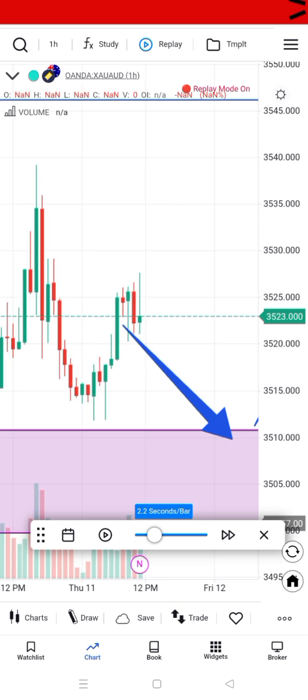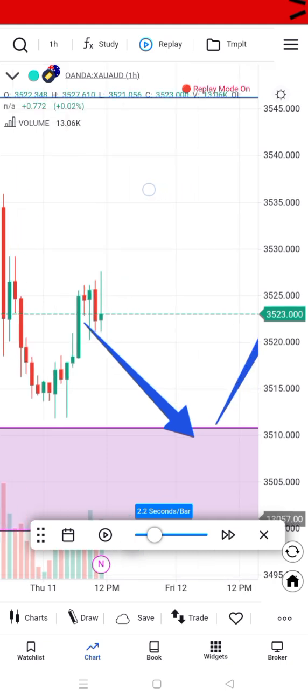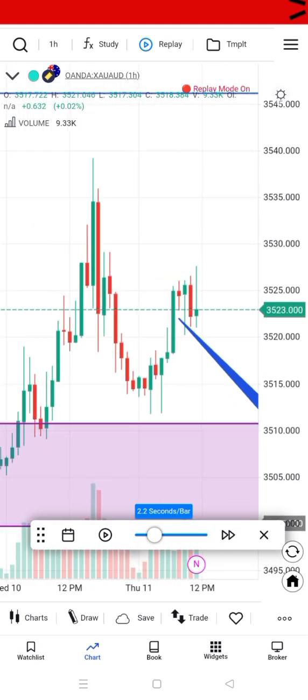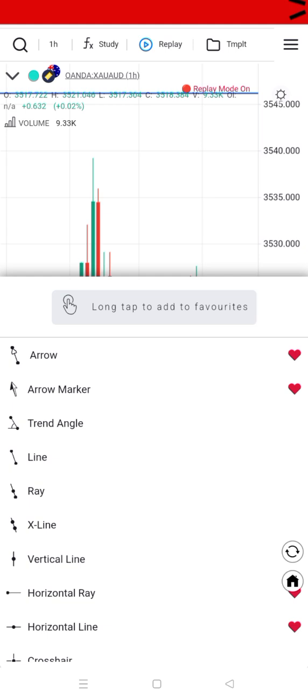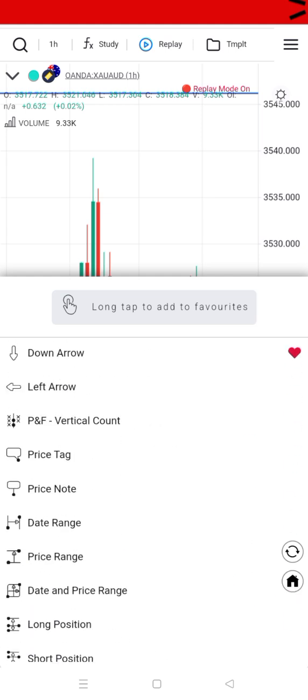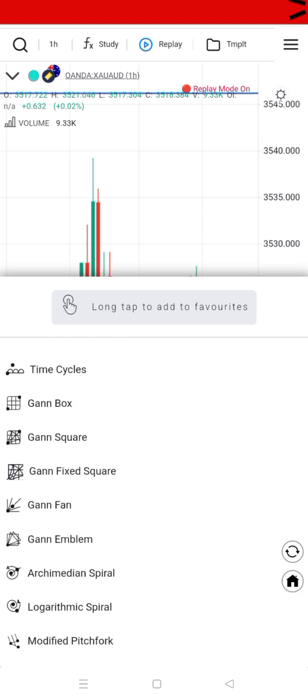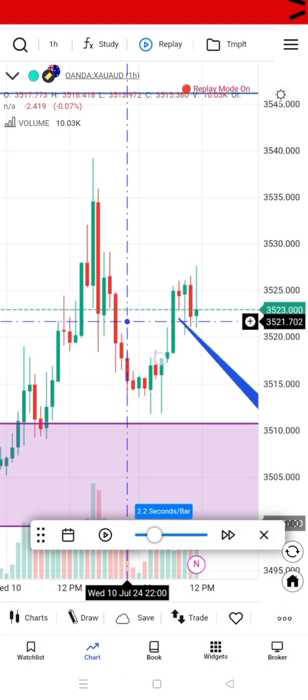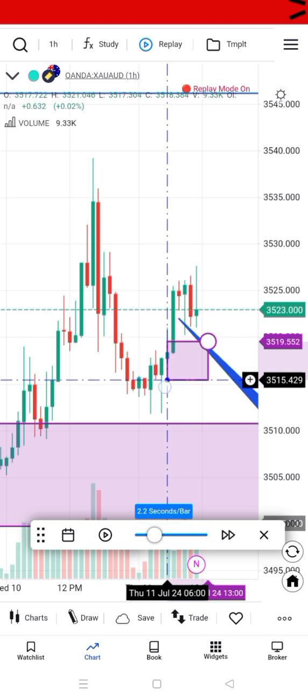Looking at the 1 hour again, I hope you can spot the demand zone, guys. Let me mark the demand zone that I'm seeing here. On the 1 hour, there is a demand zone that will make the market come back down, and then when it touches there, it will move up.